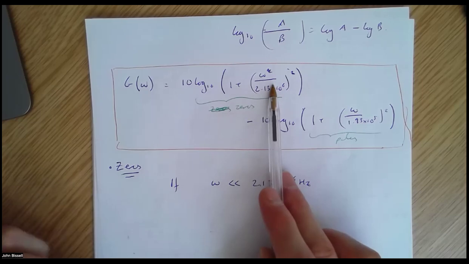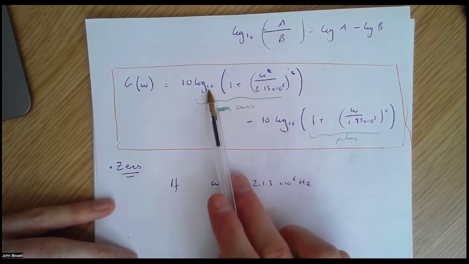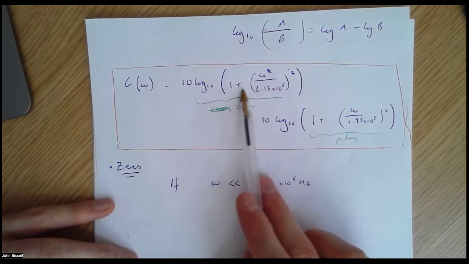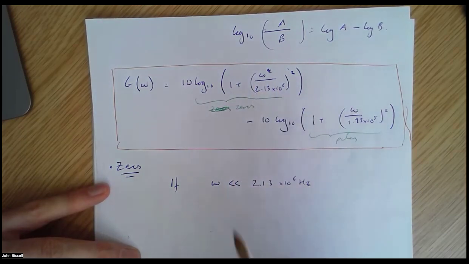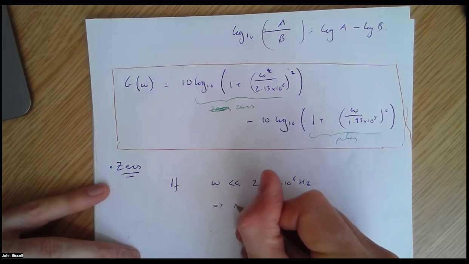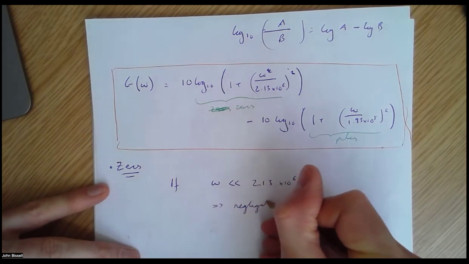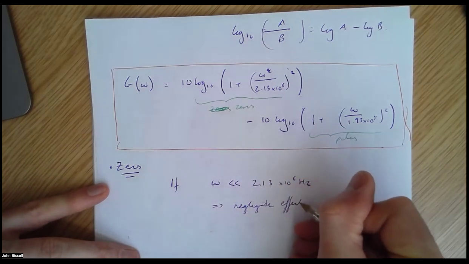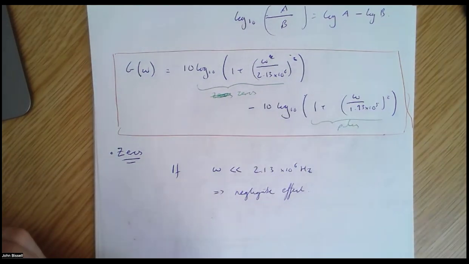It's much smaller than one. So the whole log of that is going to be close to zero. So it's going to have negligible effect. Happy with that?